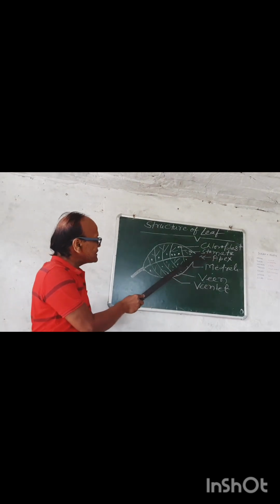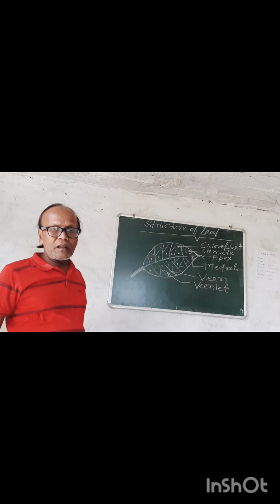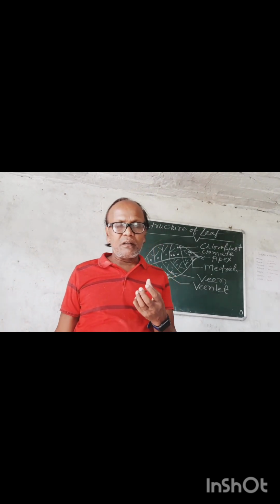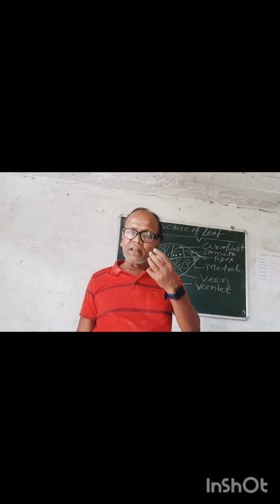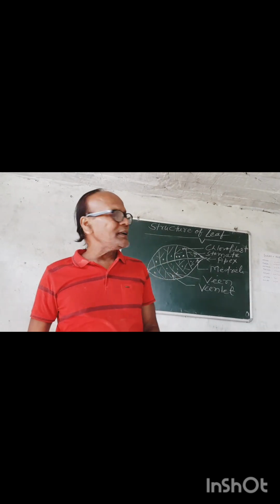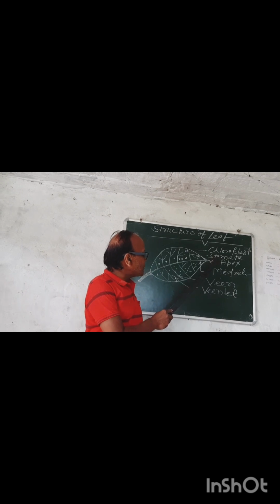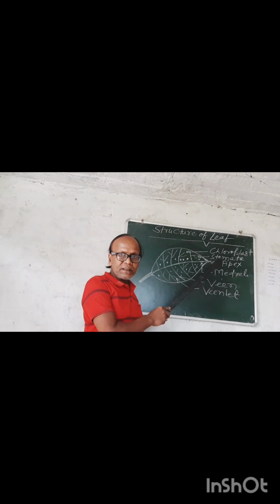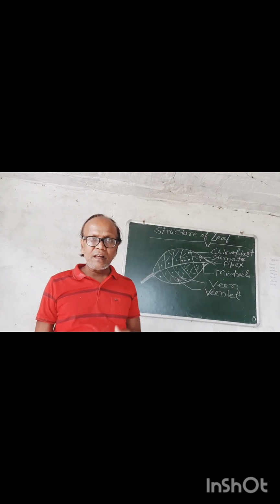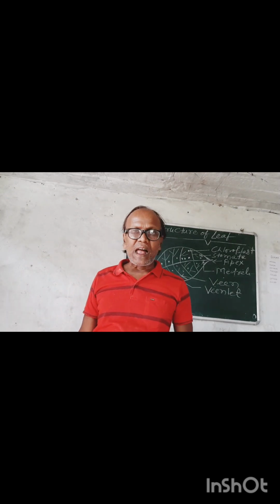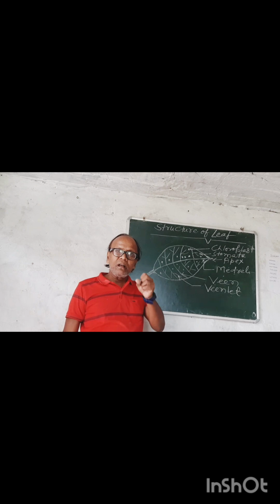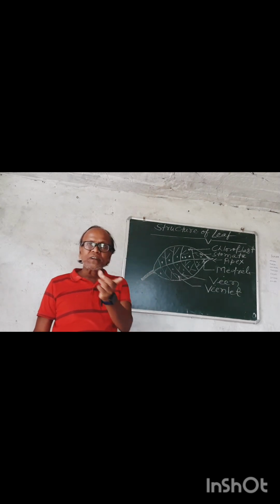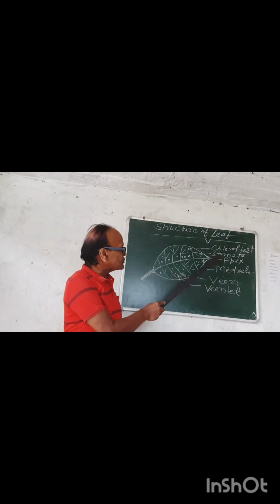And the second one is the stomata. There is a great role of the stomata, which are found on the surface of the leaf. The first role of the stomata is gaseous exchange. As you know, in the process of photosynthesis, the leaf gains carbon dioxide from the atmosphere through the stomata.